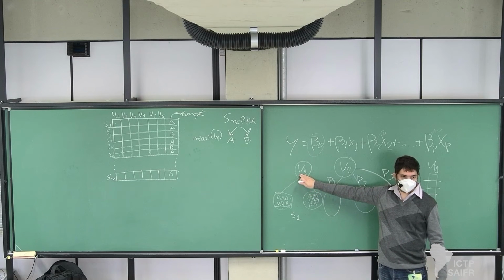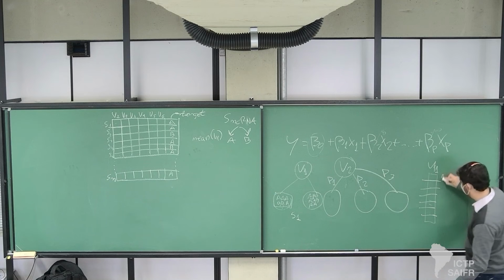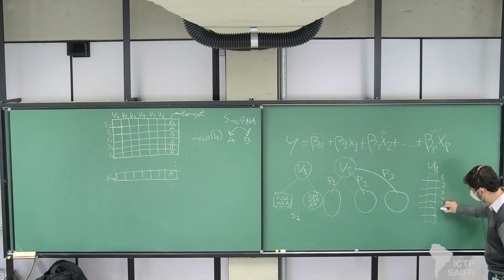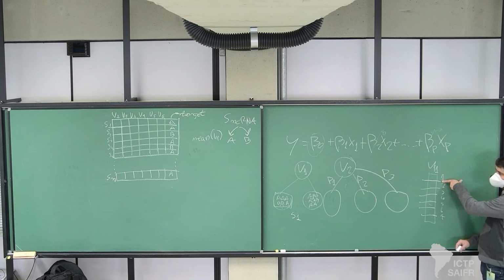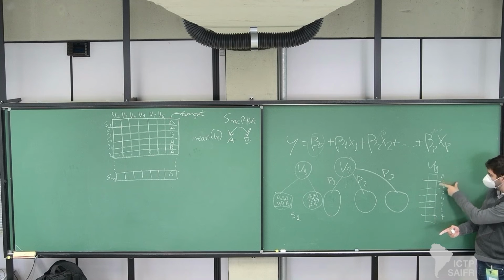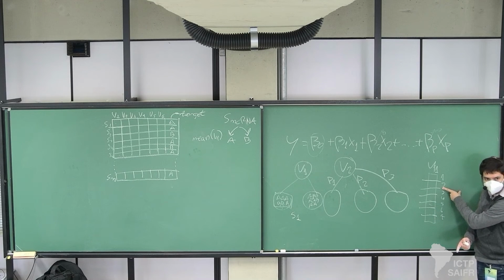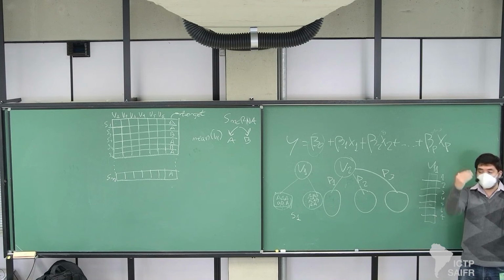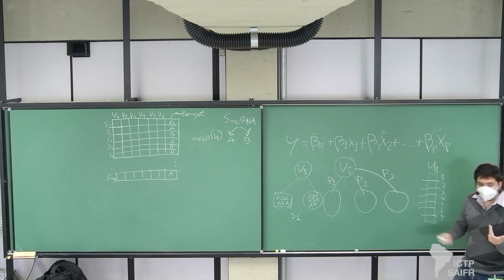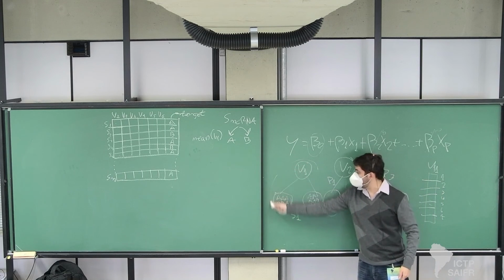Suppose I had many values here, 1, 2, 3, 4, 5, 6, 7. The first test is V1 is higher or less than 1. The second test is V1 is higher or less than 2, higher or less than 3, higher or less than 4, higher or less than 5. I have to make all these tests and see which one is the best one that leads to the best division of my data.